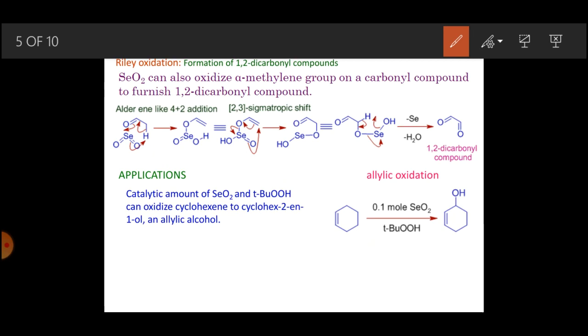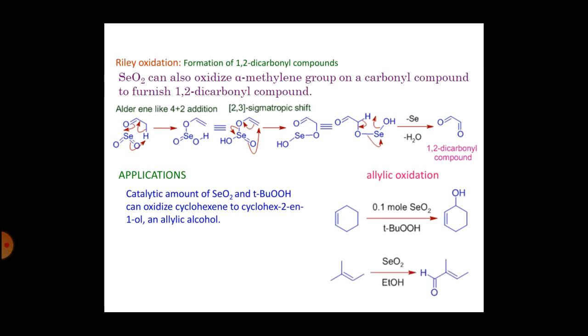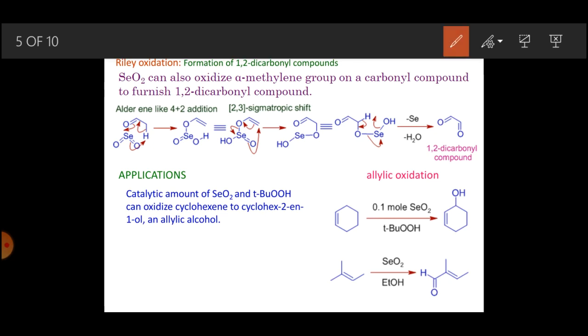Now pay attention to the next example. This is a trisubstituted alkene, and it has three allylic carbons. So 1, 2, 3 allylic carbons. Theoretically, selenium dioxide can oxidize any of these three positions.